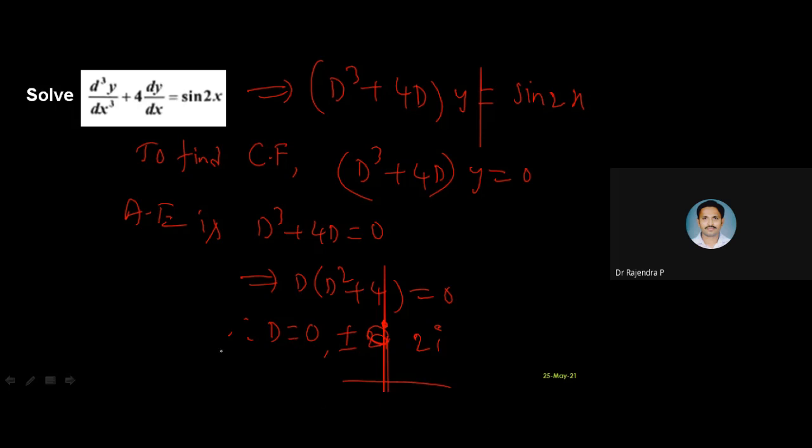One is a real root. I hope you know how to write it up. As you wish, you can follow any order. When writing the complementary function, I take the distinct root first, that is 0: c1 e power 0x.